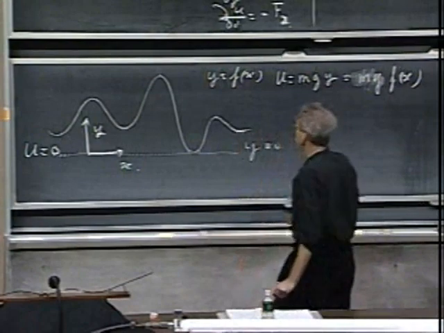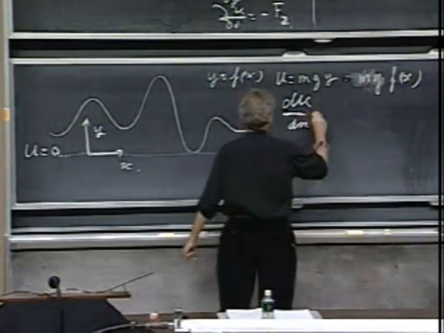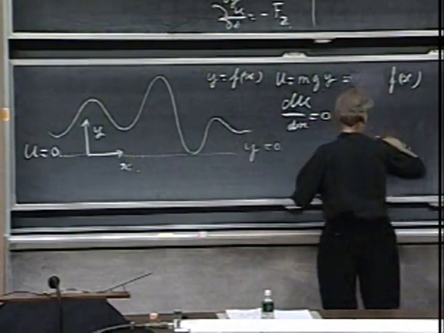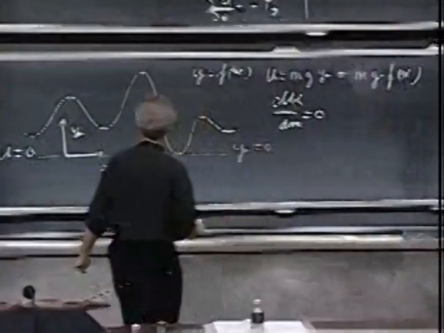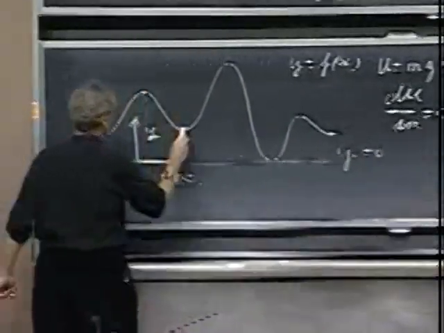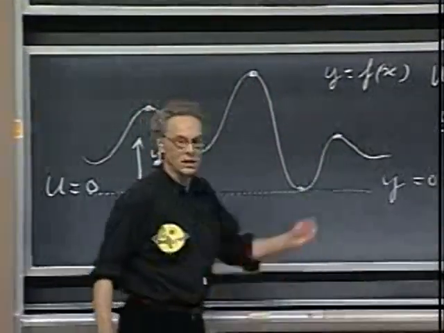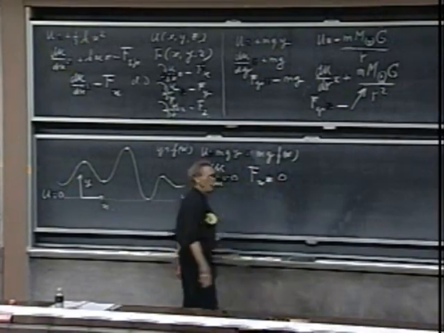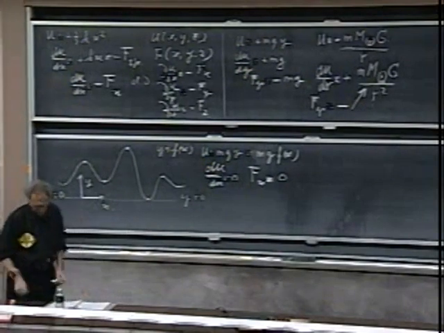There are points here where du/dx equals 0. Where are those points? Those points are here, here, here, here, and here. If du/dx is 0, it means that the component of the force in the x direction is 0, because du/dx is minus the force in the x direction.